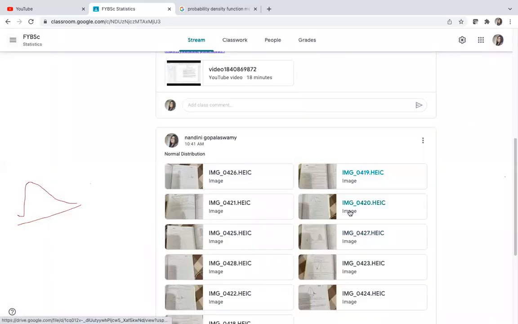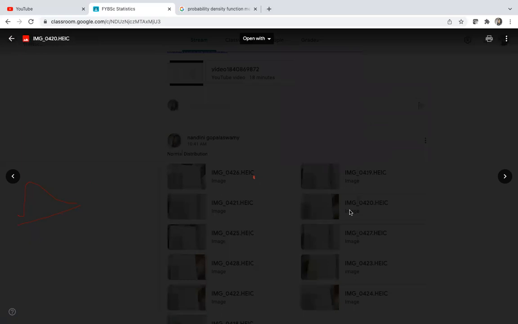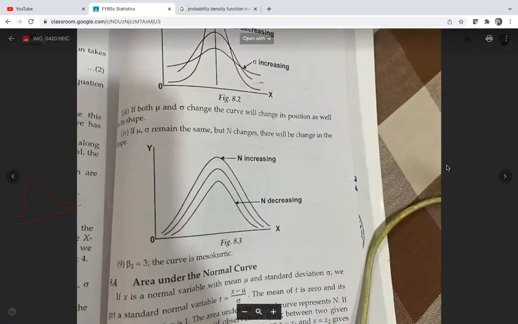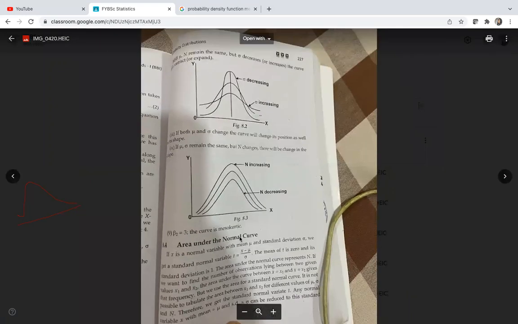Now, coming to this, right? Are you able to see better? Now, see, if mu and n remain the same, but the standard deviation or the variation from the mean is going to be reducing, right? Then what will happen?